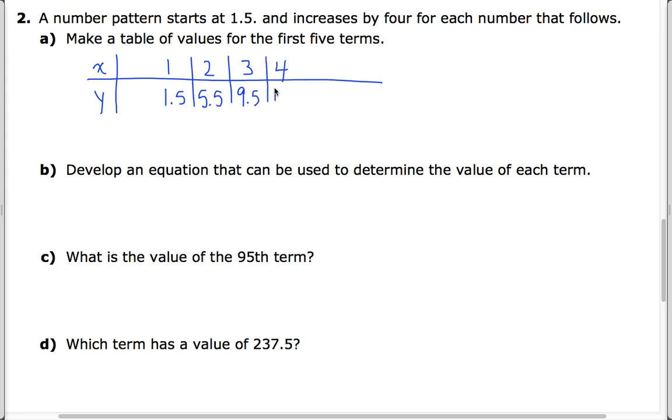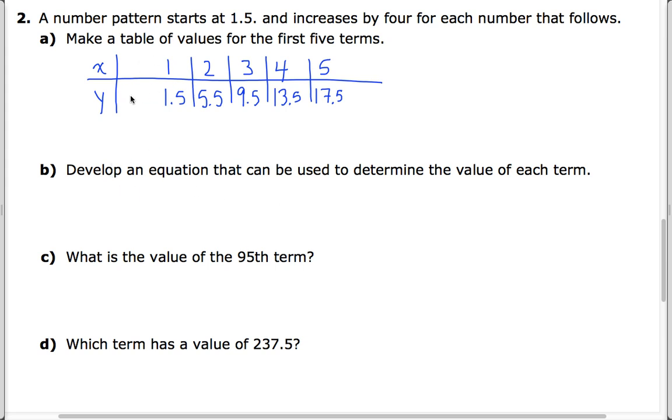The fourth number is 4 more than that, so it's 13.5. The fifth number is 4 more than that, so it's 17.5. And so on. So now we want to come up with an equation that can be used to determine the value of each term.